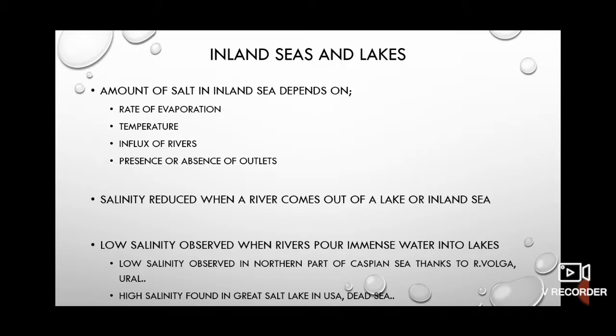Similarly, pouring of a large quantity of fresh water by the rivers into the lakes also lowers salinity. You can find low salinity in the northern part of the Caspian Sea because of the addition of an enormous volume of water brought by the rivers Volga and Ural. At the same time, we can experience high salinity in the Great Salt Lake in the USA and the Dead Sea.